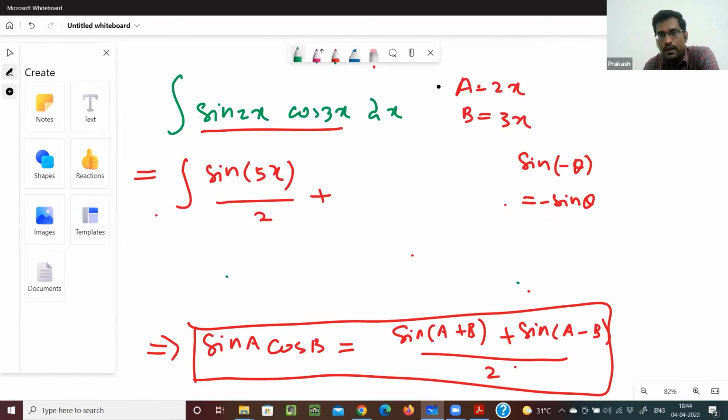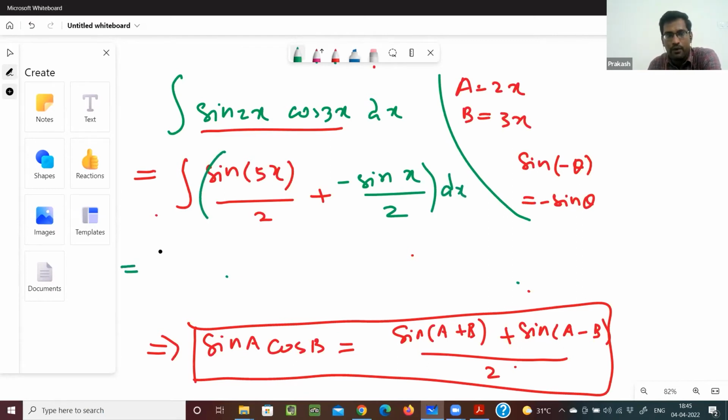So this is a very important one. Sine of minus theta equals minus sine theta. So here we can write minus sine of A minus B, that is x, divided by 2. So this is with respect to x.